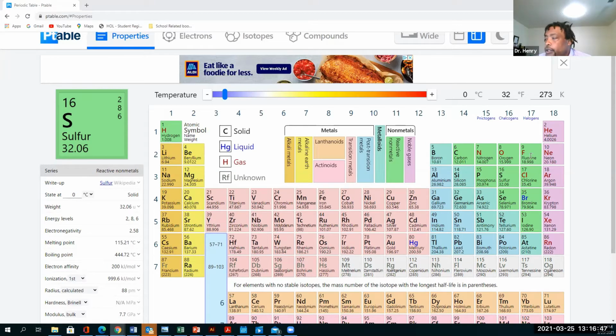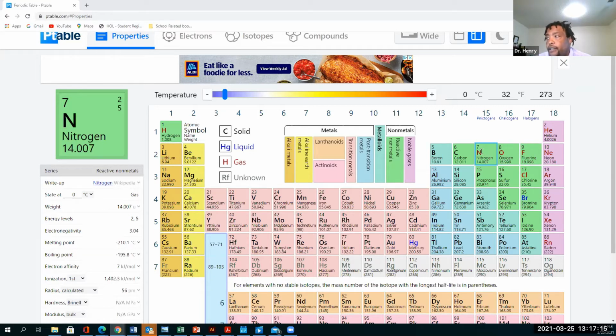Okay, so the closer you are to a noble gas, the more electronegative you're going to be. So fluorine is going to be the most electronegative, and electronegativity will decrease as you go down. So chlorine will be less electronegative than fluorine. Fluorine is going to be the strongest. Then if we go from right to left, oxygen is a little less than fluorine.